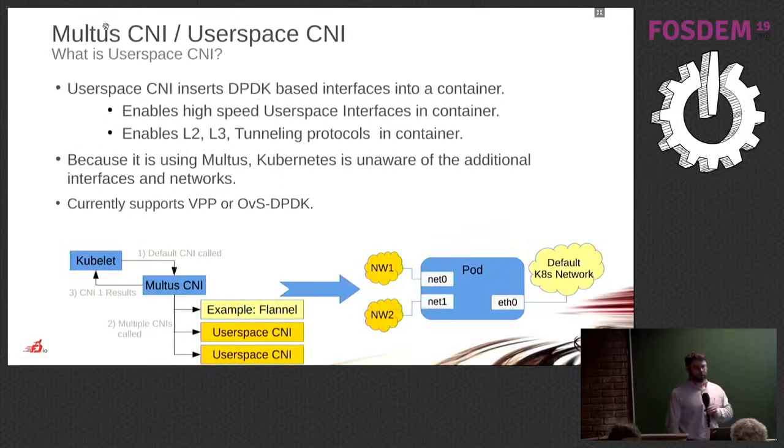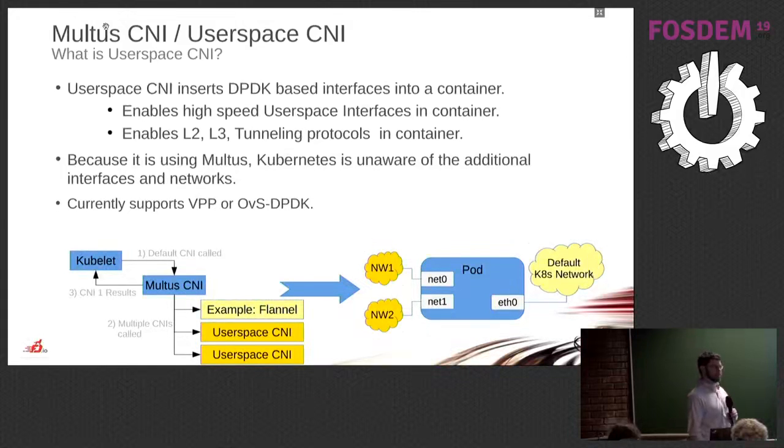All right, so the user space CNI, it was also pushed upstream by Intel, and Intel and Nokia and Red Hat and now Mellanox are working on this user space CNI. The user space CNI allows you to insert DPDK interfaces into a container.